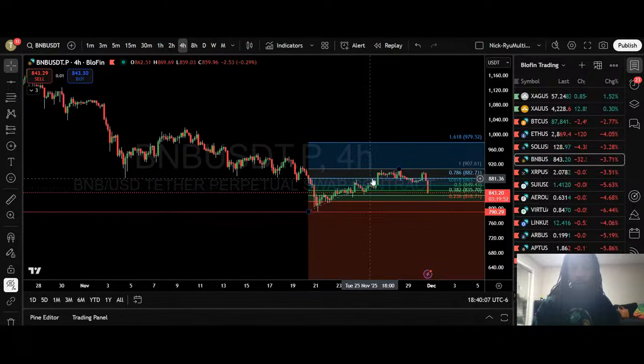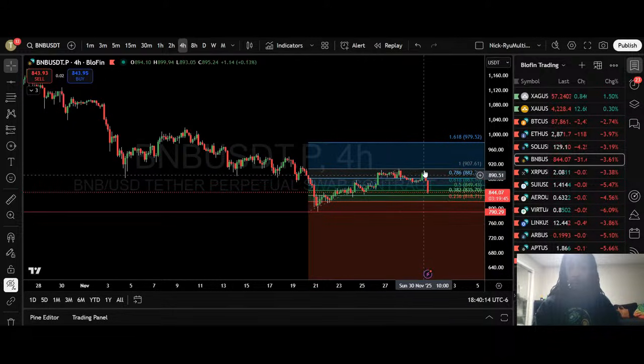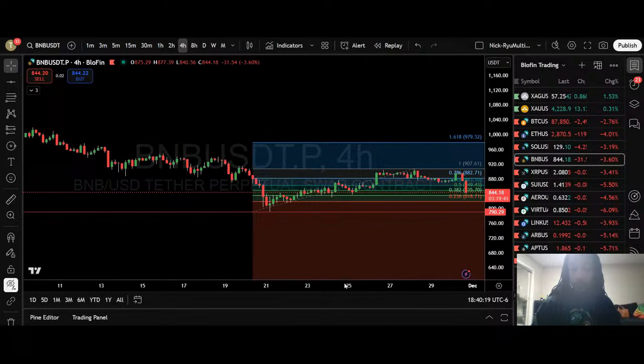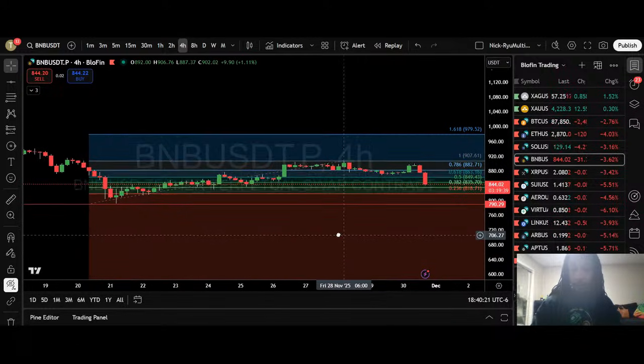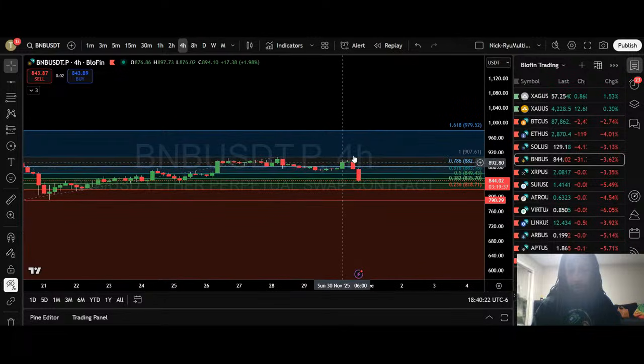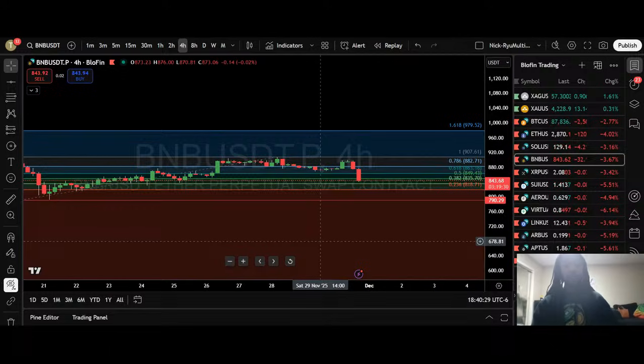It corrected all week, resisted, consolidated, dipped a little bit, came up. Here we go. Resistance, indecisive, indecisive, and that's an evening star pattern right there. Drop.